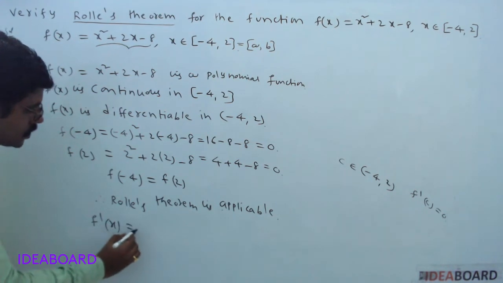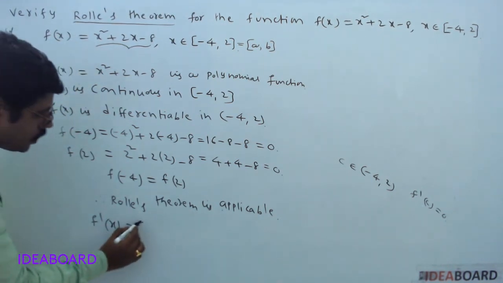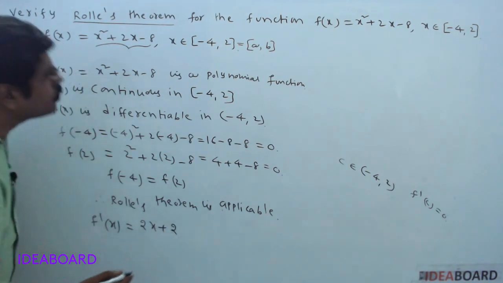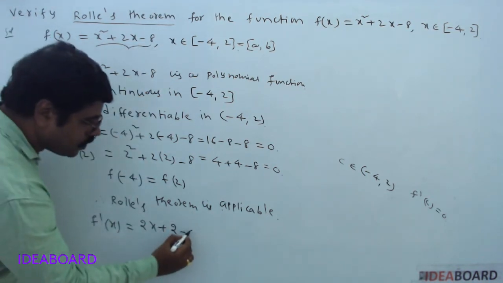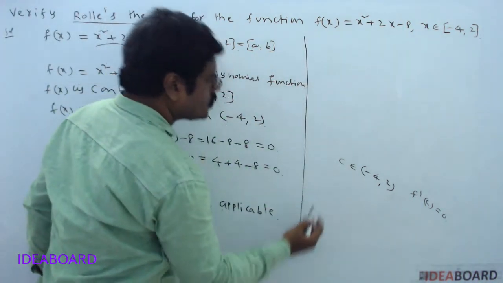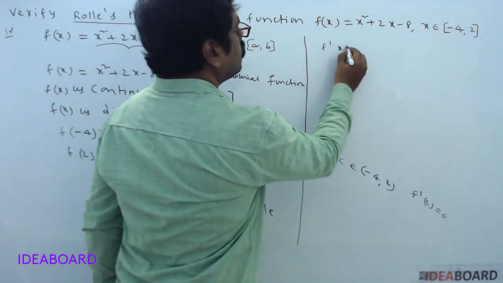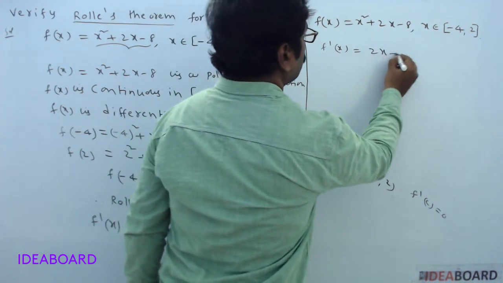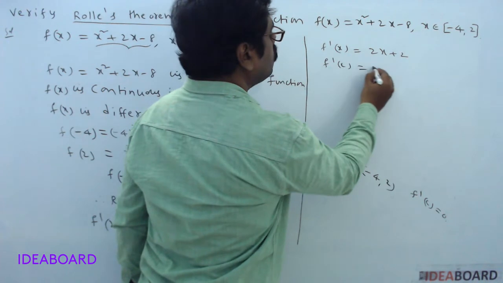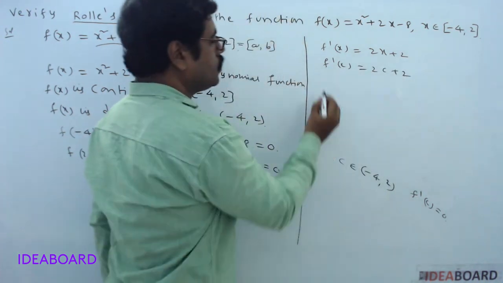F dash of x equals x square derivative 2x plus 2x derivative 2, 8 constant term derivative 0. So f dash of x equals 2x plus 2. F dash of c equals 2c plus 2.